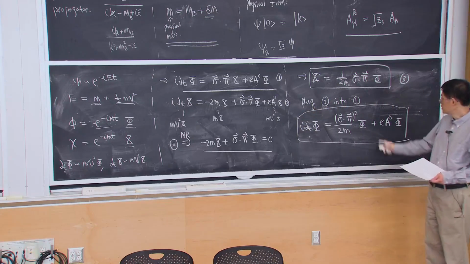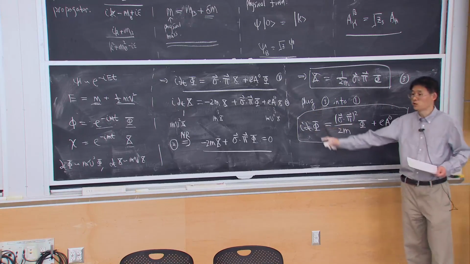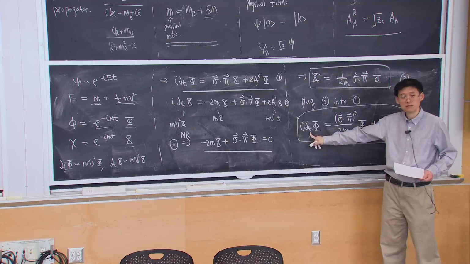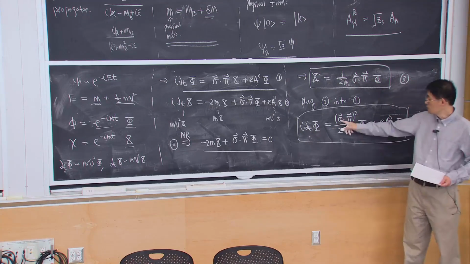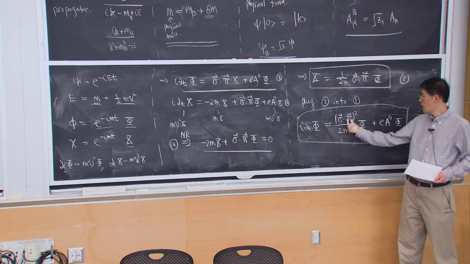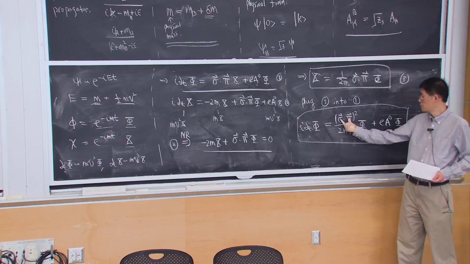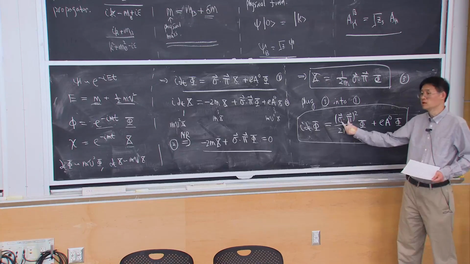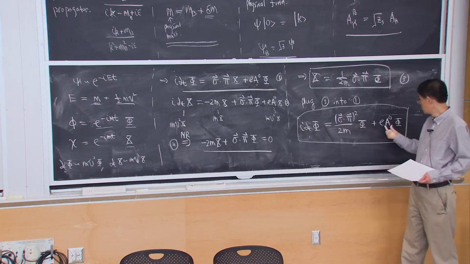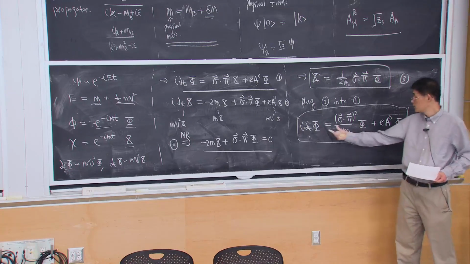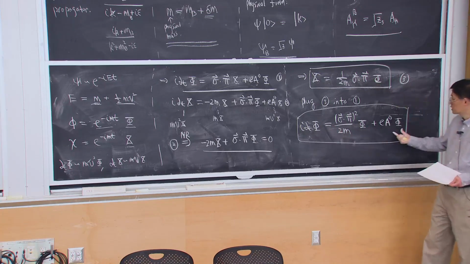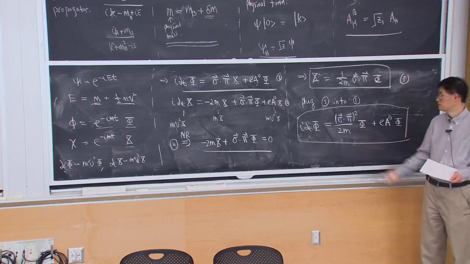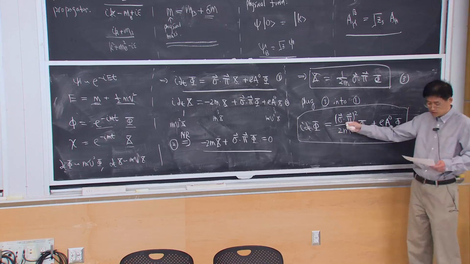Now you see each term is of the same order of magnitude. This is mv squared. And pi is of order mv, so this is m squared v squared divided by m, which again is mv squared. And EA0 is mv squared. So now everything is non-relativistic and of the same order.